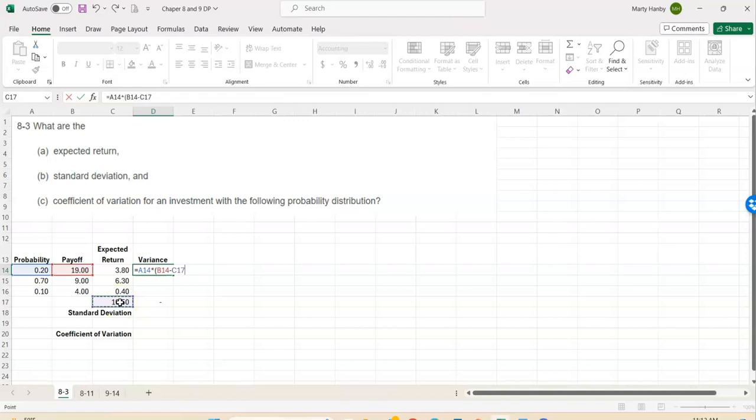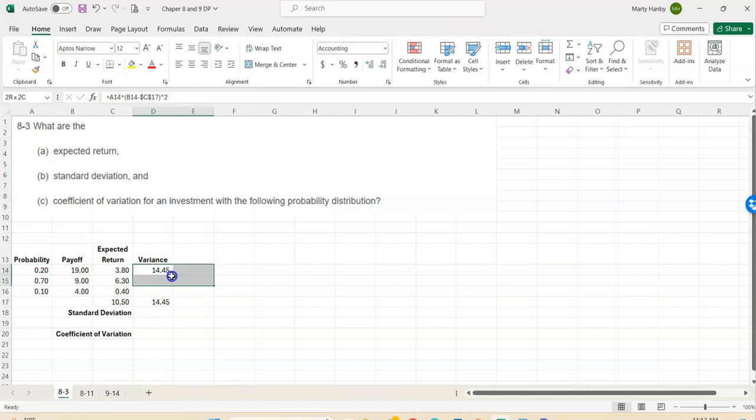Then function F4, I make that absolute, and then I need to square that. And then I get my little square here. So I get 20.25 for my variance.